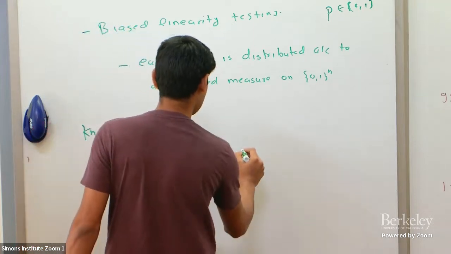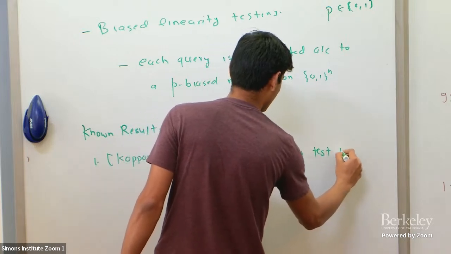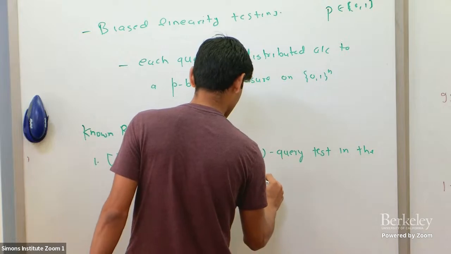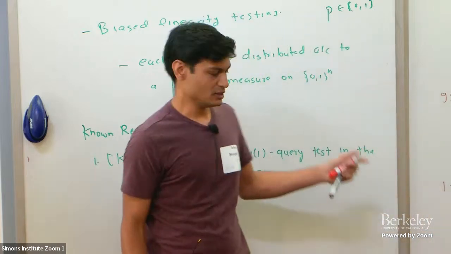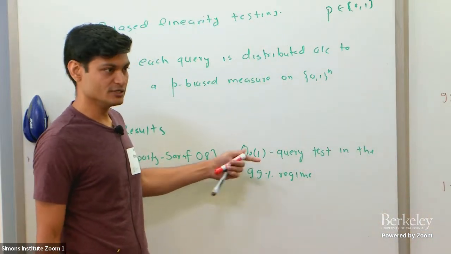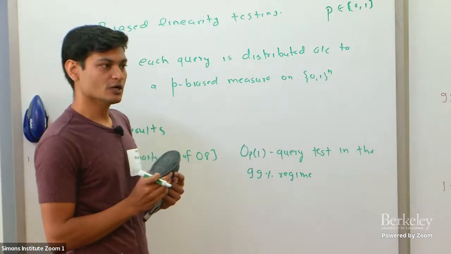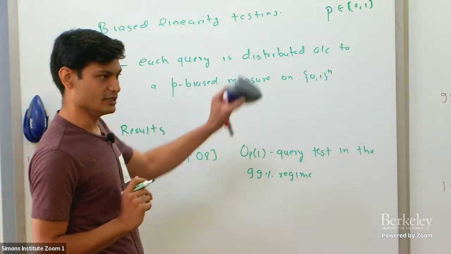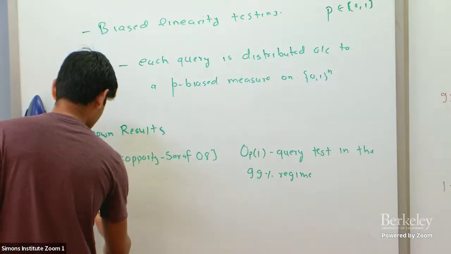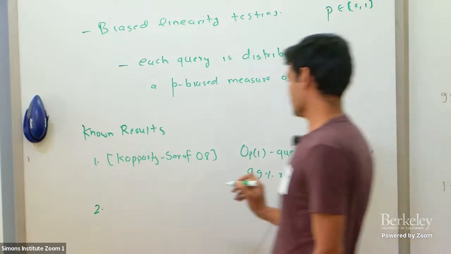They give a constant query linearity test in the 99% regime. They design a test, and the test queries some constantly many points, and if the test passes with 1 minus epsilon, then they conclude that the function is correlated to a linear function. Yeah, this is a different test.